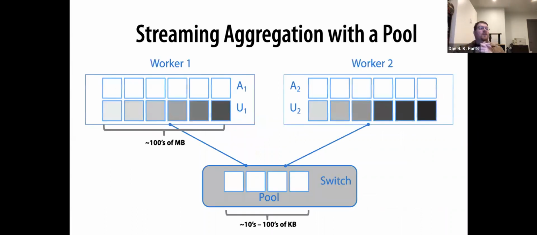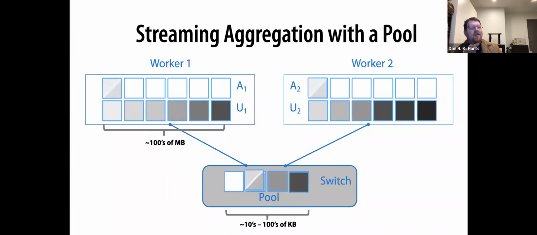So what we have to do is build a streaming aggregation system where we don't try to fit the entire model into the network. Instead, we take this model, maybe it's a few hundred megabytes in size. We divide it up into chunks that are tens of kilobytes. And the switch maintains a pool of aggregators that aggregate individual chunks. So the workers will stream updates to these chunks.